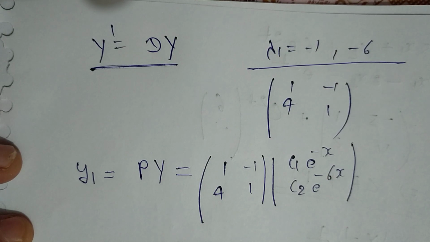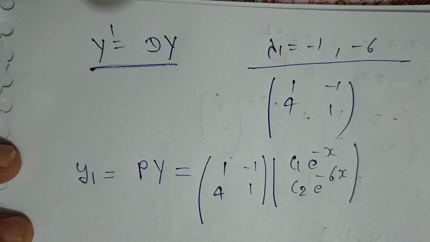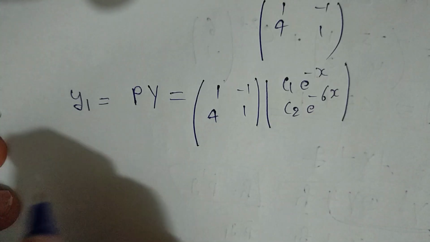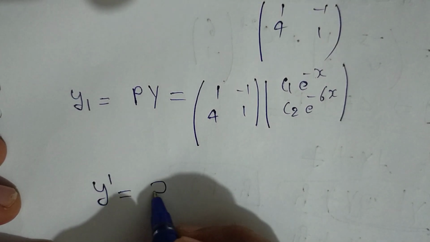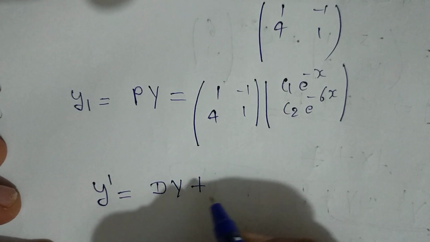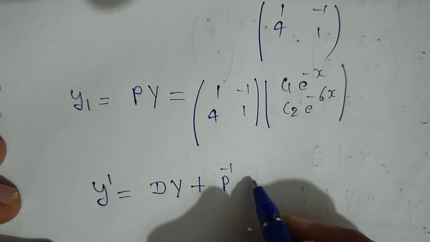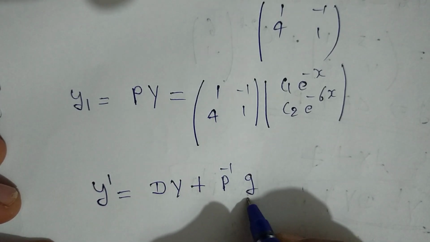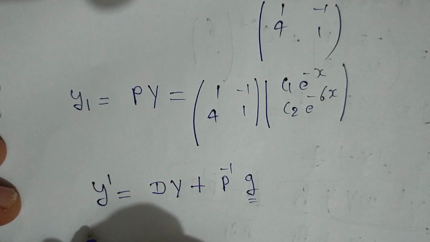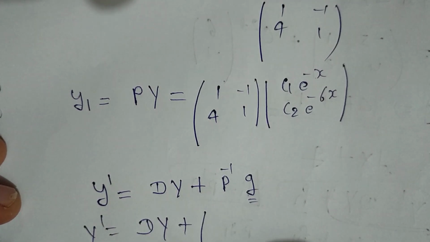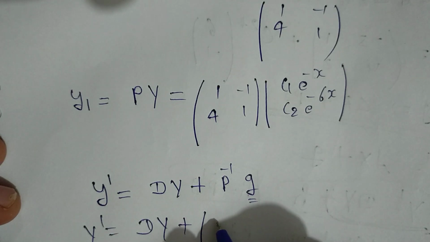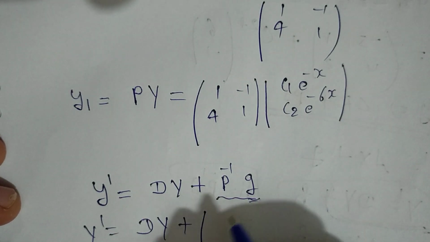Now let us see how to find the particular integral. The equation is y dash equal to Dy plus P inverse g, where g is the non-homogeneous part. Let us find this P inverse g separately.